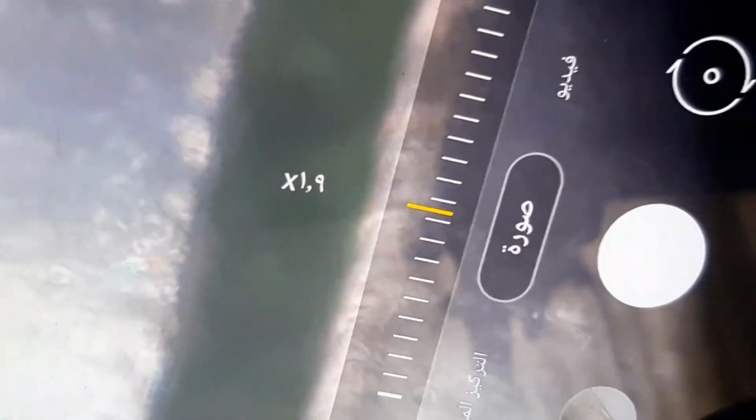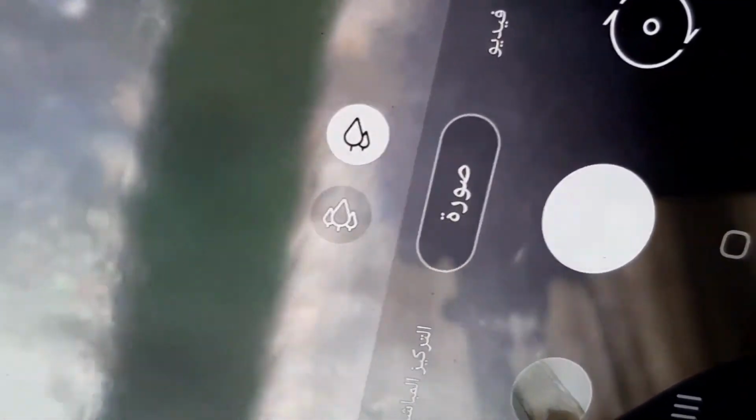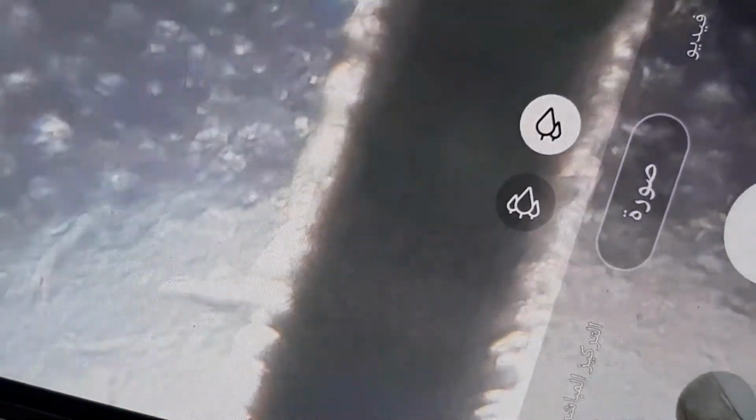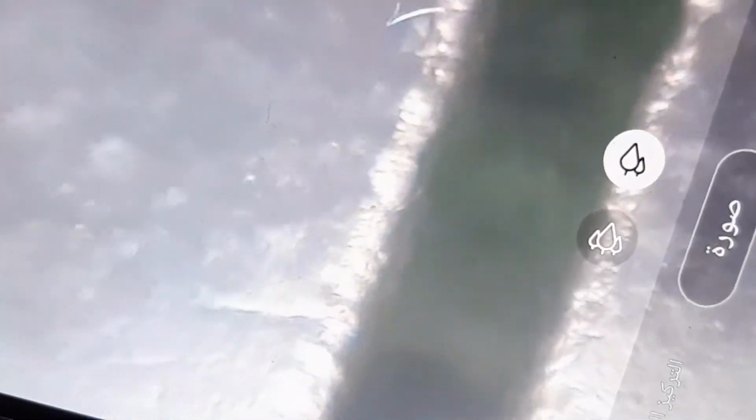Yeah, but here if you see the filaments or hairs around the canal, yeah, do you see them?